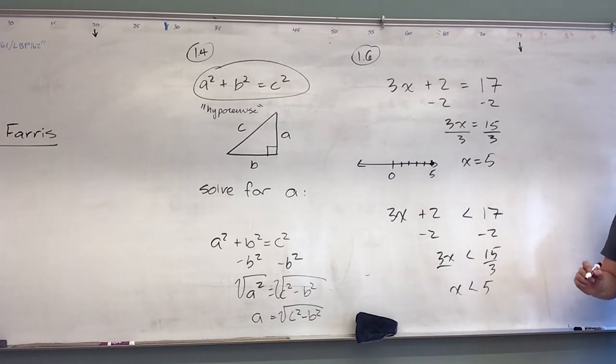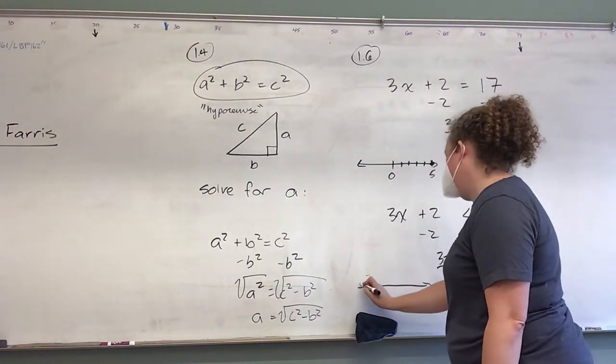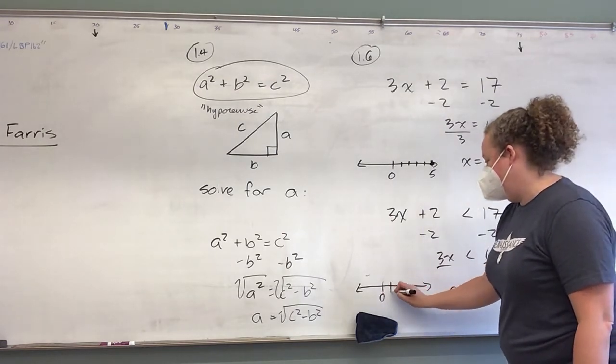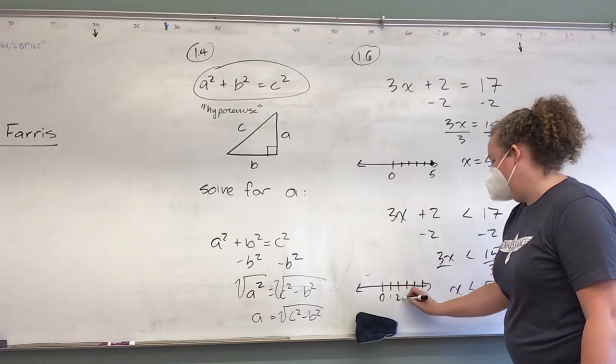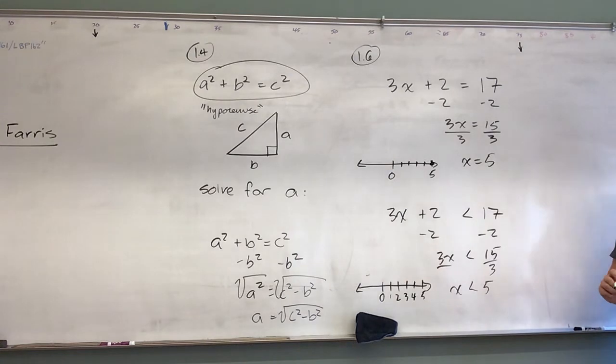All right, Lily, you've already had a look at this one. How do I graph on a number line? What does it look like when I do x is less than 5? I'm a little rusty, but you make a line above or below the number line, and you start at 5 and then you make arrows going back less than 5.